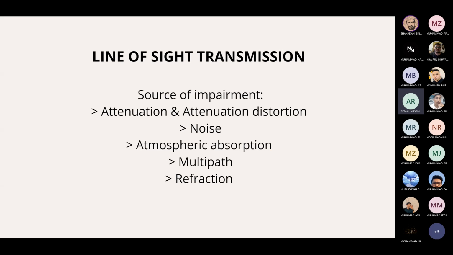Okay, as for atmospheric absorption, atmospheric absorption usually consists from water vapor and oxygen. So these two elements is what contribute the most to atmospheric absorption.